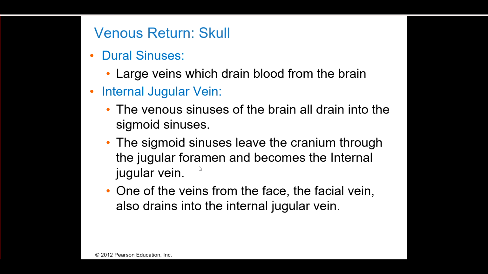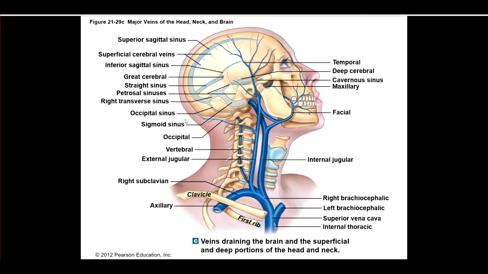So what these internal jugular veins are actually draining are these big veins inside the brain known as the dural sinuses, right? They are large veins. They drain blood from the brain, and then that blood goes into the internal jugular vein. So let me show you where they are.